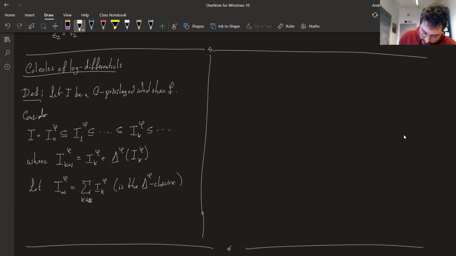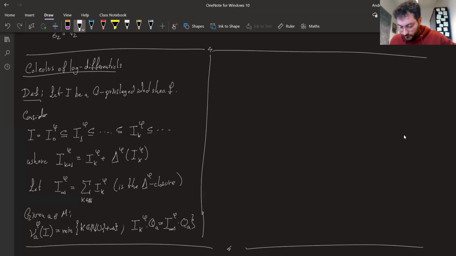And then we define the invariant that we work with. So given A in M, the invariant at A corresponding to phi of I is the minimum of k in the natural numbers plus infinity, such that I_k phi localized at A is equal to I_∞ phi localized at A. Right.